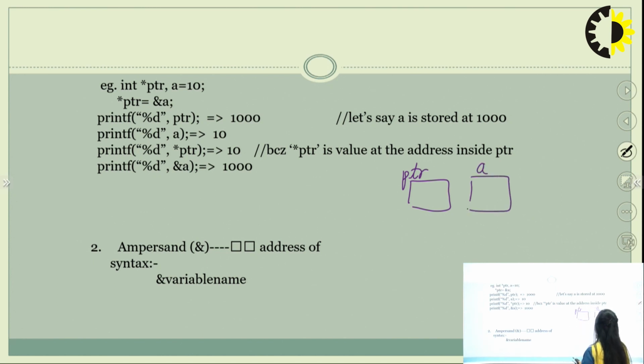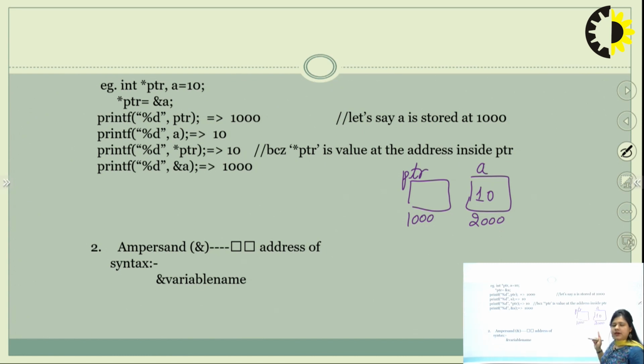A has the value of 10. ptr we have just declared, it is currently empty. Now we have declared the statement ptr = &a. So & is the ampersand for address of variables, right? That means ptr is storing the address of a.